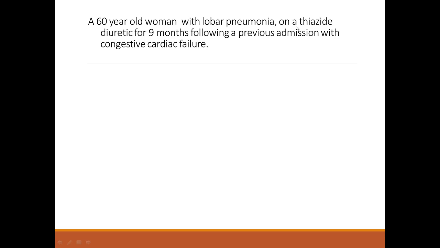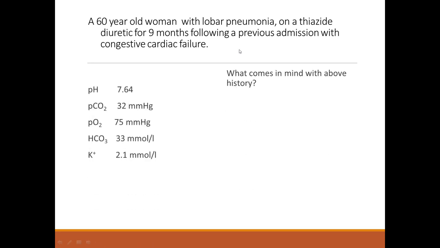We might find the respiratory alkalosis as well as, in some patients, respiratory acidosis. And someone on the thiazide diuretic, yes, we know the side effects. It causes contraction alkalosis. So both elements of alkalosis can be expected in such patient. One is the respiratory alkalosis, one the metabolic component. So in the blood gases, there is an alkalotic pH 7.64 with the PCO2 32. We know in alkalotic states PCO2 should be lower if it is the respiratory alkalosis.